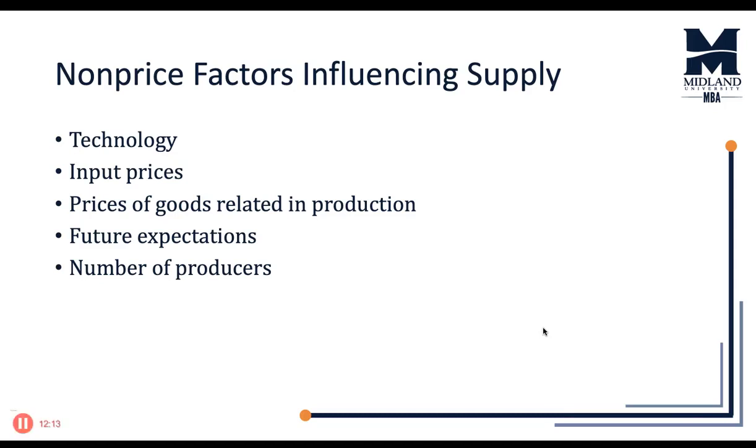Okay, so there you are. In 3 videos, we have looked at the basics of micro and macro. We looked at the basics of demand and supply and a little bit on equilibrium. And then we went in depth into demand and non-price factors influencing demand. We also looked at supply and non-price factors influencing supply. That will be it for week 1.